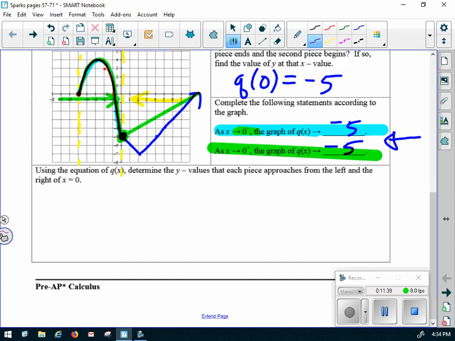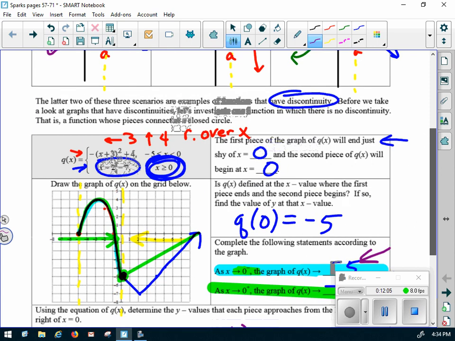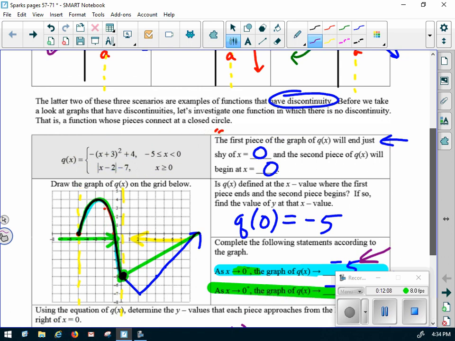So here's what we're going to write. As x approaches 0 from the left, the function, which is q of x, approaches... Now, it says to look at the equation, so we're not looking at the graph right now. We know what the answer is supposed to be. It's supposed to be -5. But can we get that from the equation? What you have to decide is which one of these sets of constraints has the numbers that are smaller than 0.